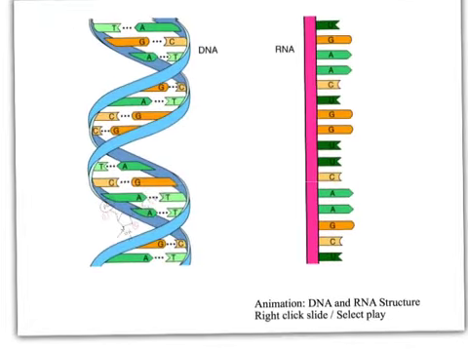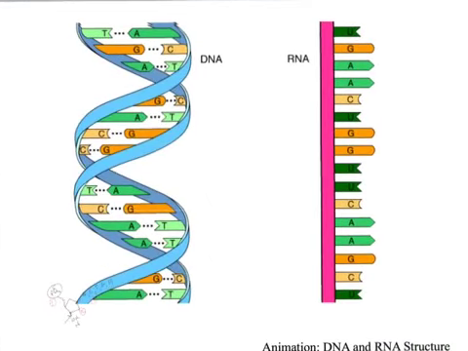So for the structure of the complex together, you have DNA on the left and RNA on the right. DNA is a double-stranded helix, two strands held together by hydrogen bonds between the base pairs, right? Adenine, thymine, cytosine, guanine. What don't you see in the RNA on the right?